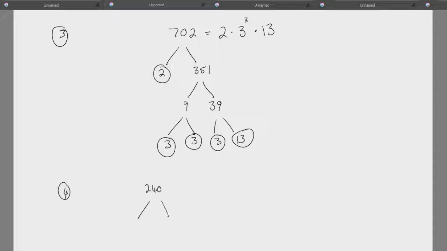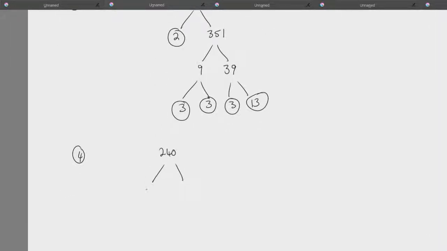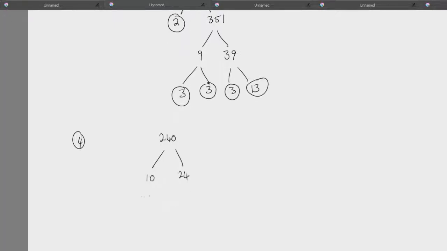And take a minute to think, what is your first split that you want to do? This one has many options. I can maybe get a little creative and do 10 and 24.